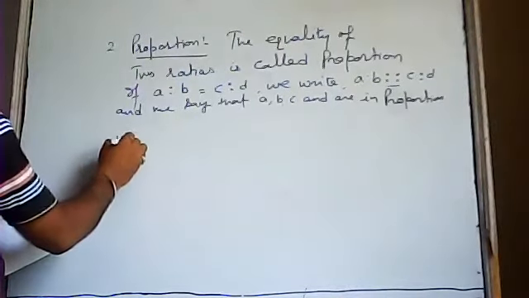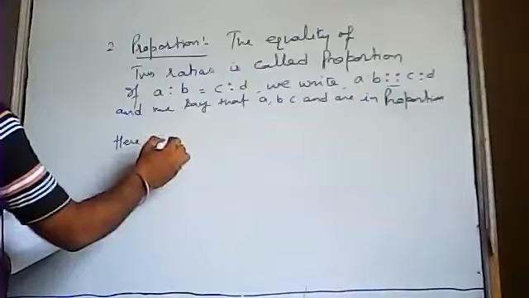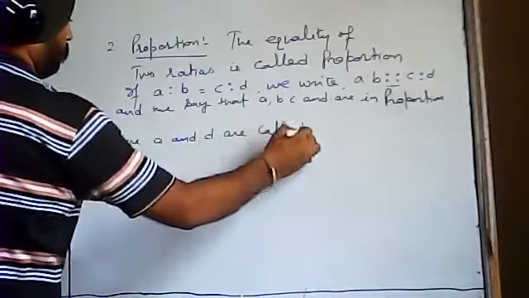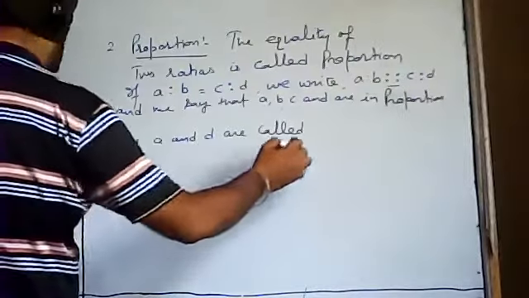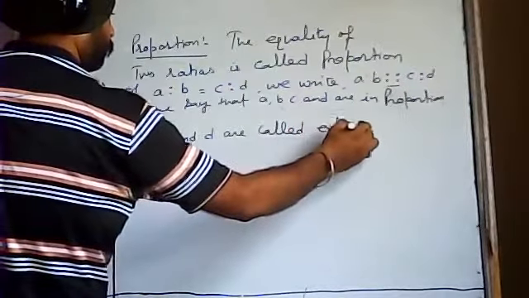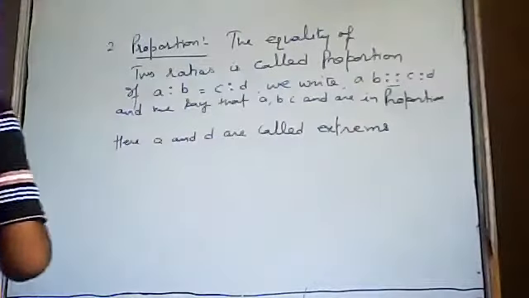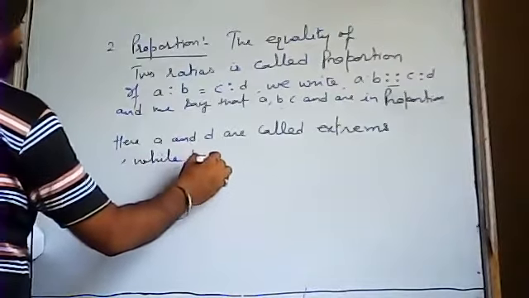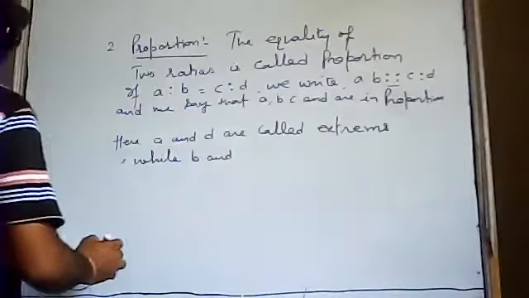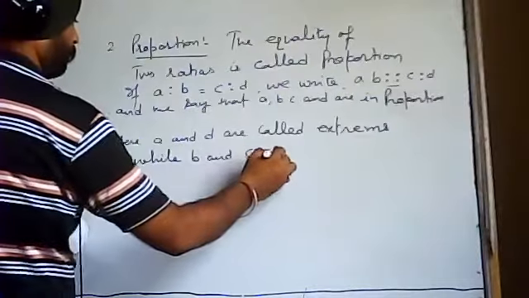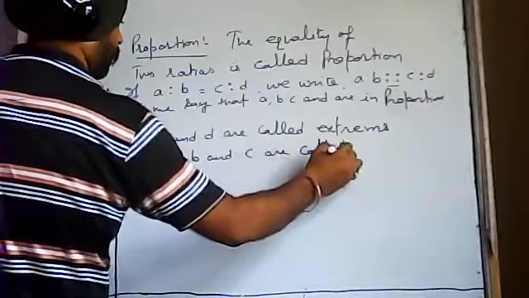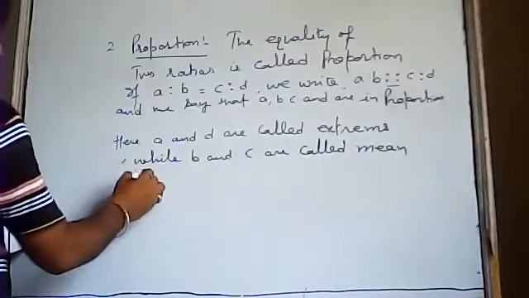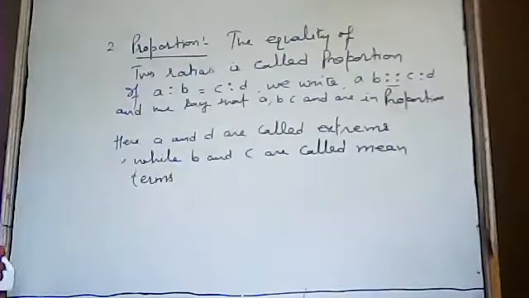Here A and D are called extremes, while B and C are called mean terms.